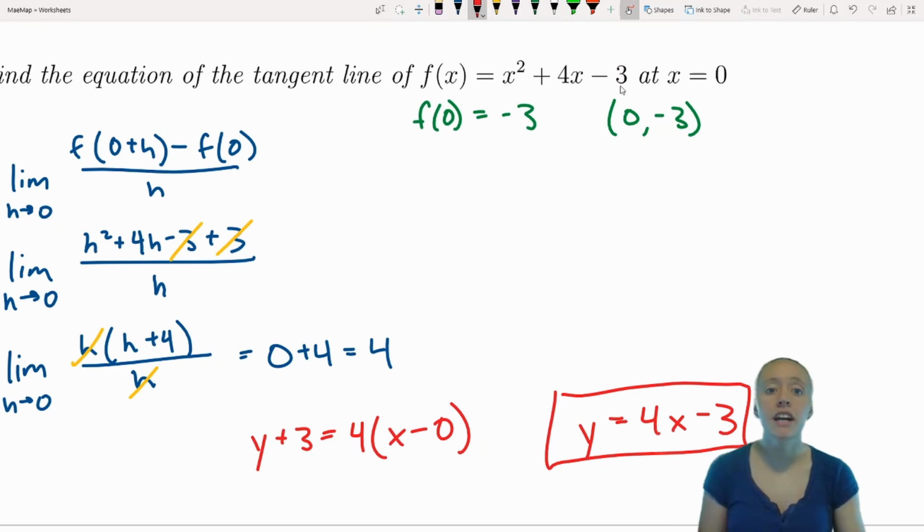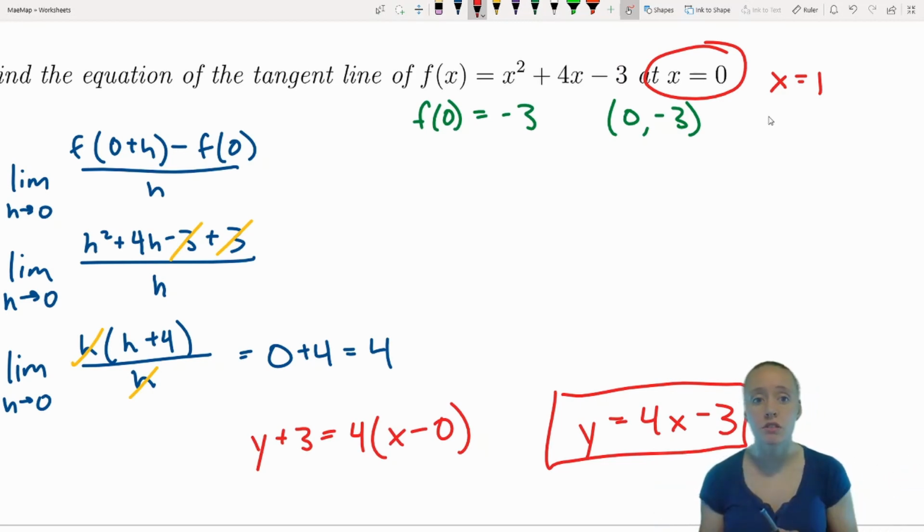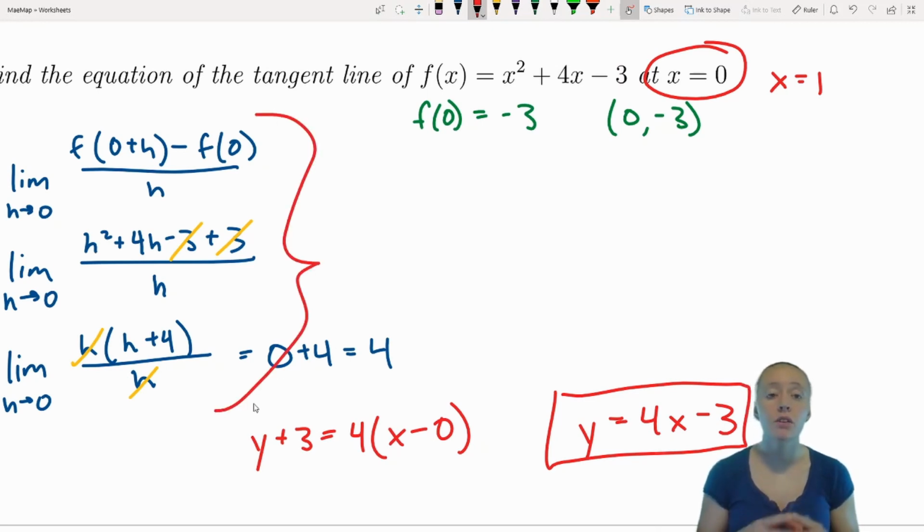If I wanted to find the derivative at x equals, let's say, 1, what am I going to have to do? Well, with the method I know, I'm going to have to plug in all my new a values and solve. So I'm going to have to redo all of this limit stuff in order to figure out what that slope of the tangent line is at x equals 1.